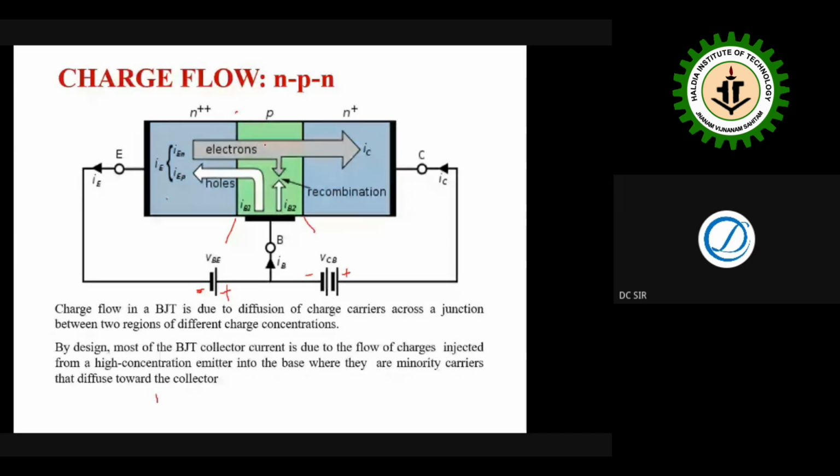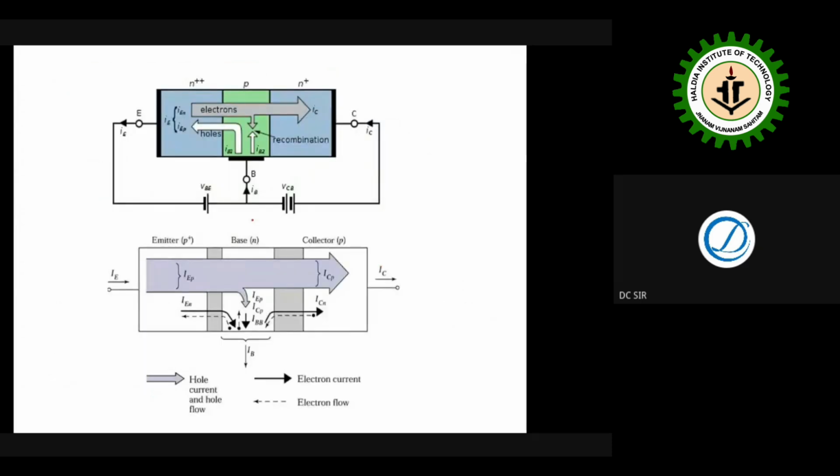Same concept: few of them recombine, and most of the electrons move from P to this N, meaning the collector. If electrons move from emitter to collector, then the current flows in the opposite direction. So you can see the difference between NPN and PNP.